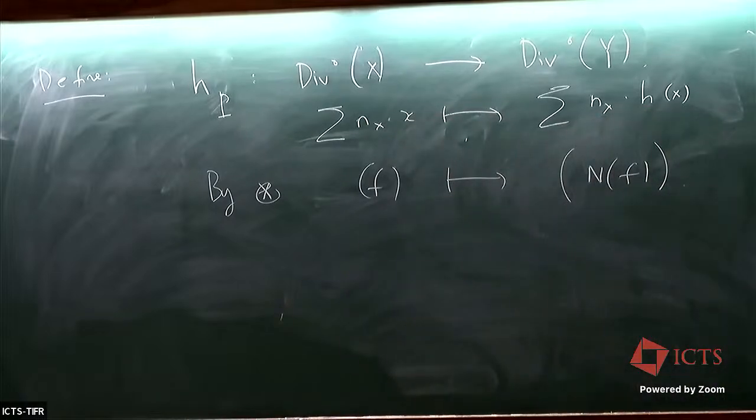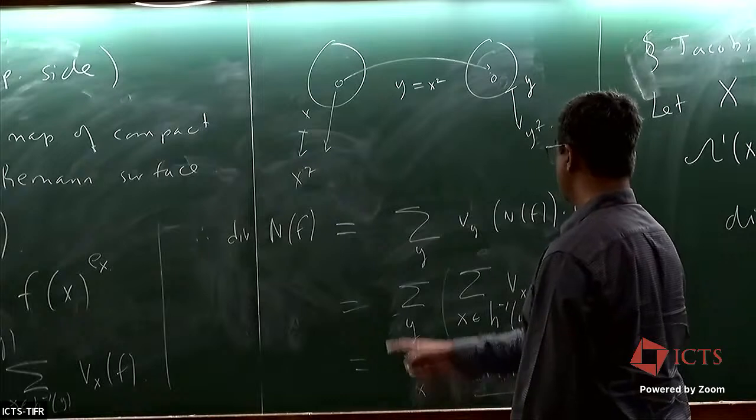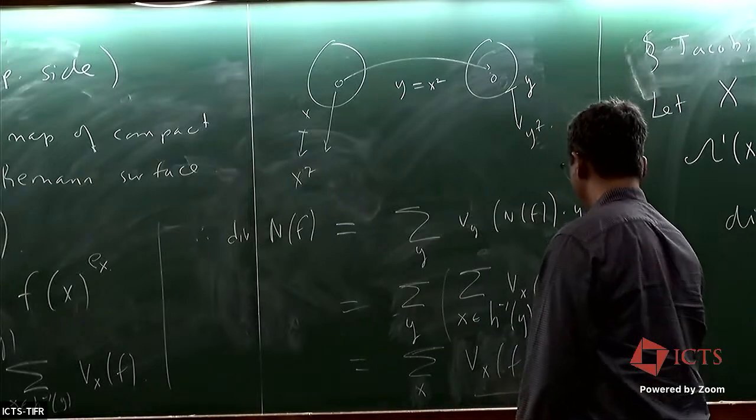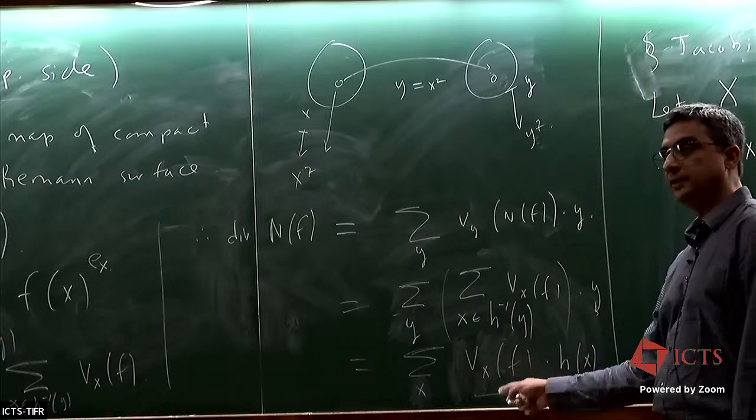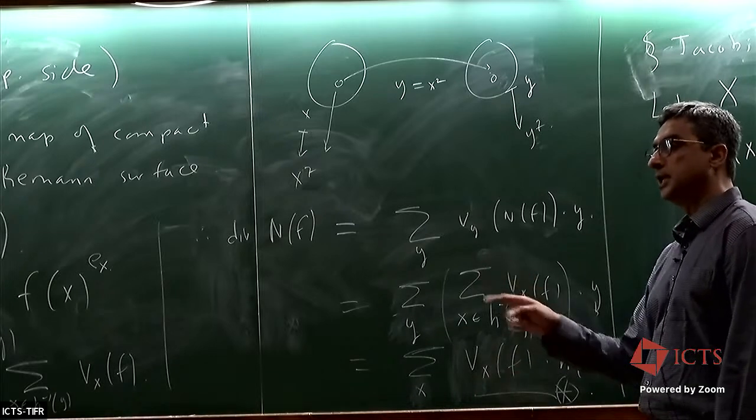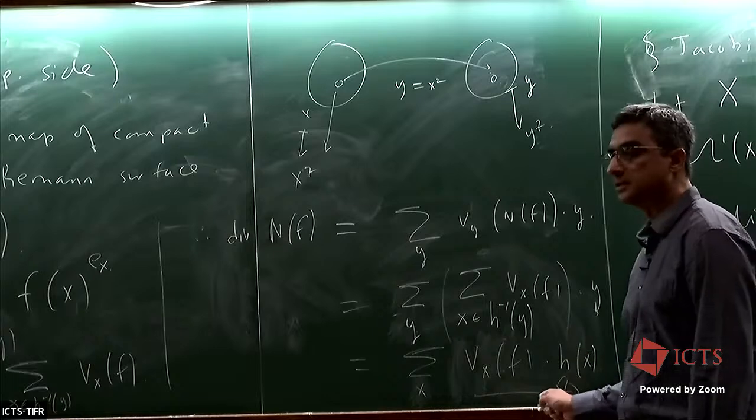Right? Because if you replace f is summation vx f times x, and if you take the divisor of the norm of f, exactly this formula, right? You start with the summation vx f times x. You apply the h to the x's, they just become h of x's, right?